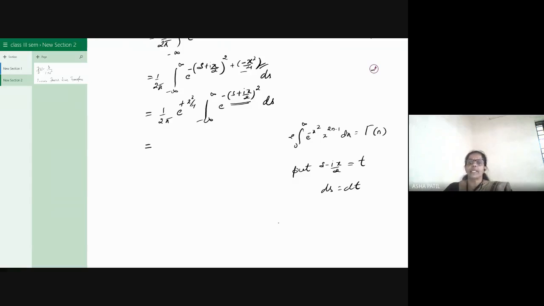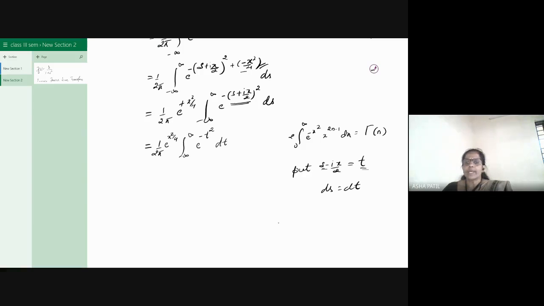No change there will be, even in the limits: as s tends to minus infinity, t also tends to minus infinity, and as s tends to plus infinity, t also tends to infinity. So the function becomes 1 by 2 pi e raised to x square by 4, integration from minus infinity to plus infinity, e raised to minus t square, since the bracket term is substituted as t, and ds becomes dt.